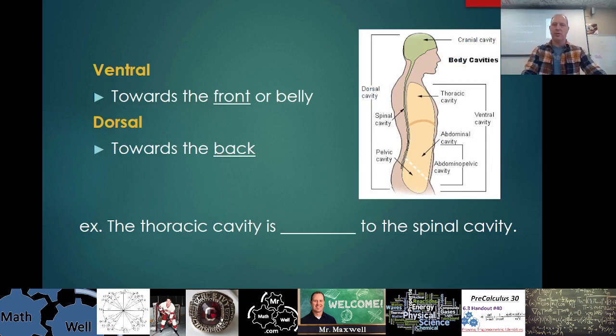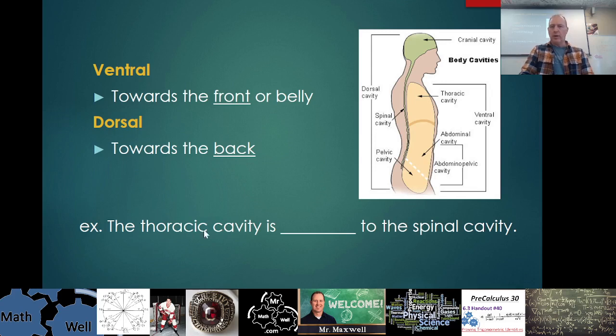All right, positions and directions. What about ventral and dorsal? Ventral is towards the front or the belly part. And dorsal is towards the back. So your blanks are front and back.